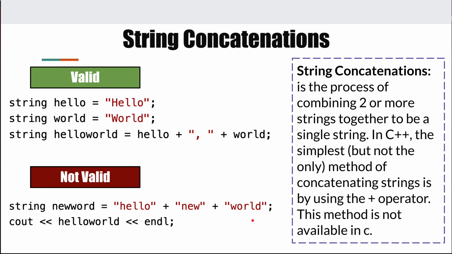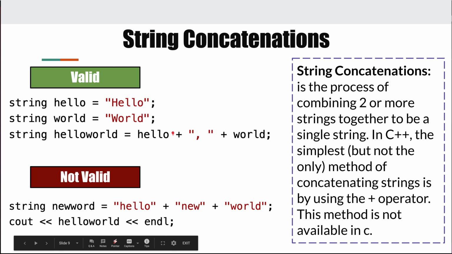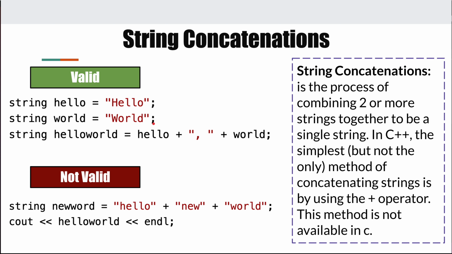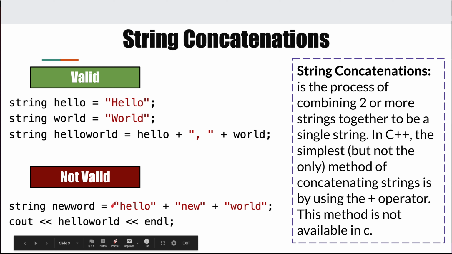The way to get around this is you just need at least one C++ style string right here, and then the whole line can be mixed with them. So as long as you have one variable, you can concatenate with the plus operator, okay? But if you don't have any of them, this will not work. This will fail at compile time.